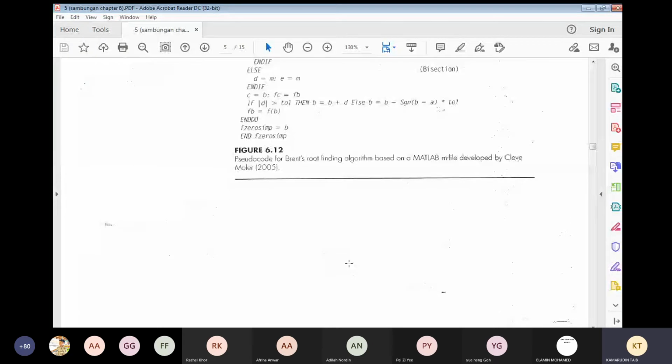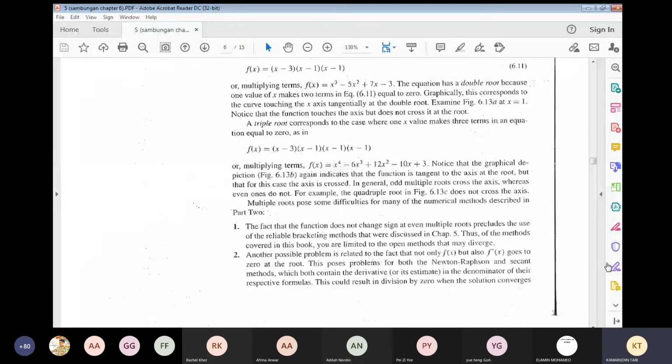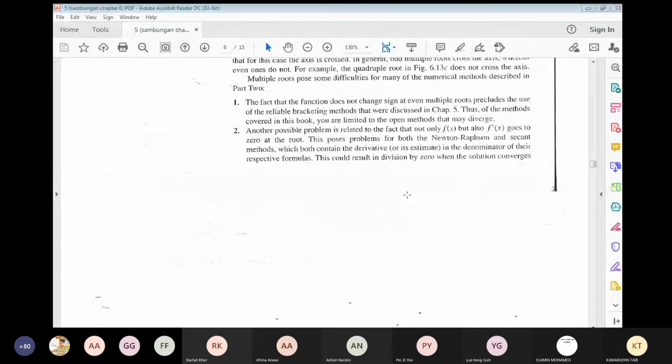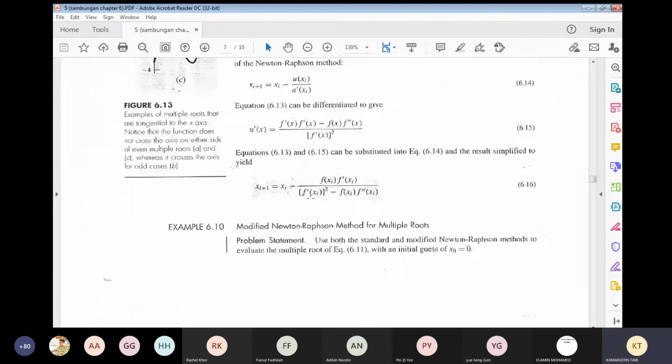Okay, multiple roots. Multiple roots means you have more than one root. So for multiple roots, we apply the Newton-Raphson as well, but the equation is slightly modified.